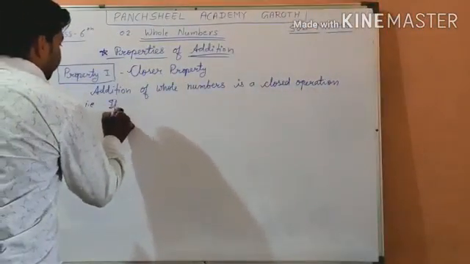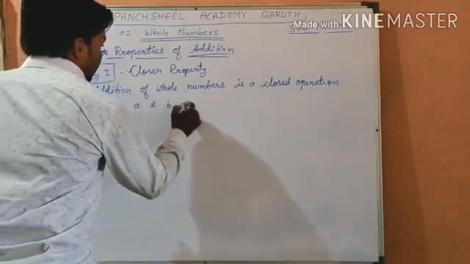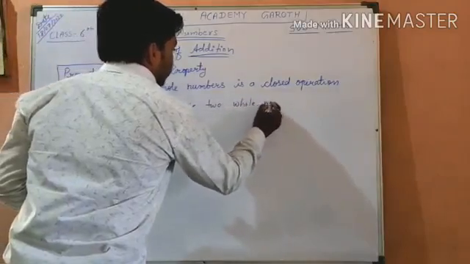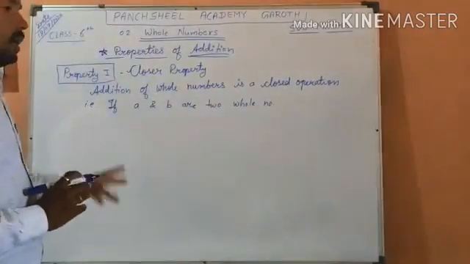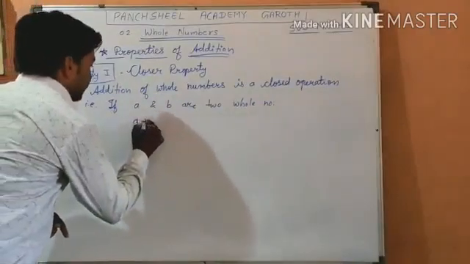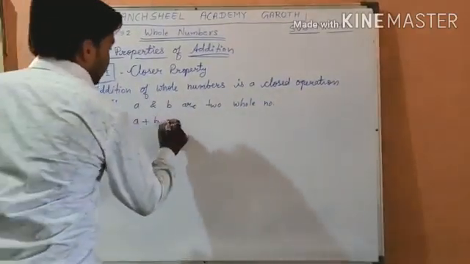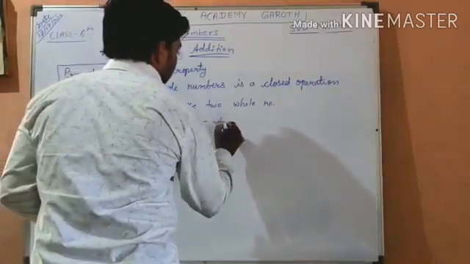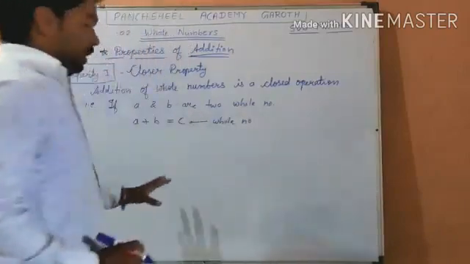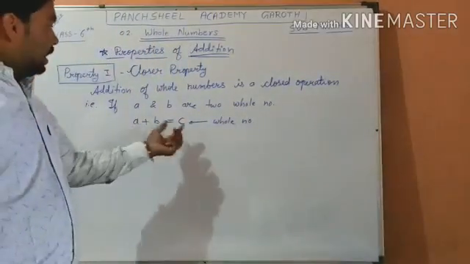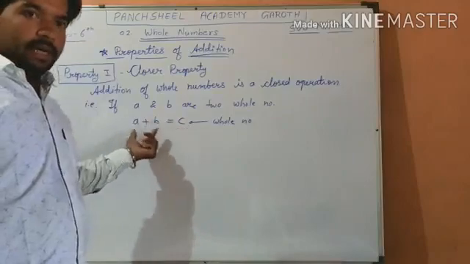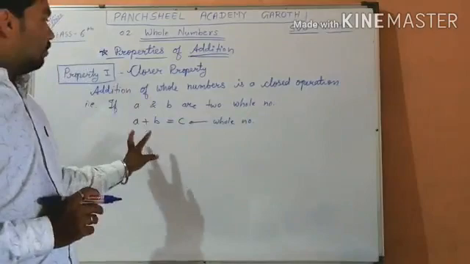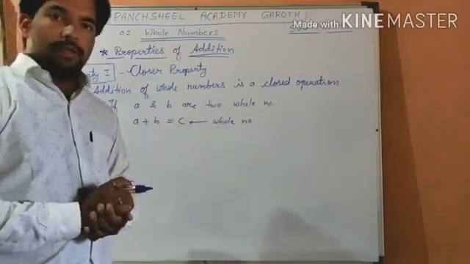If A and B are two whole numbers and we add A plus B, then the result C is also a whole number. Means if we add two whole numbers, then we get a whole number.